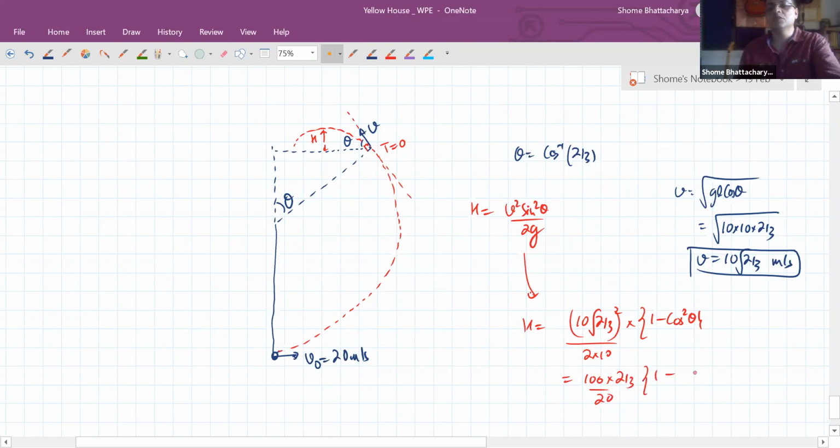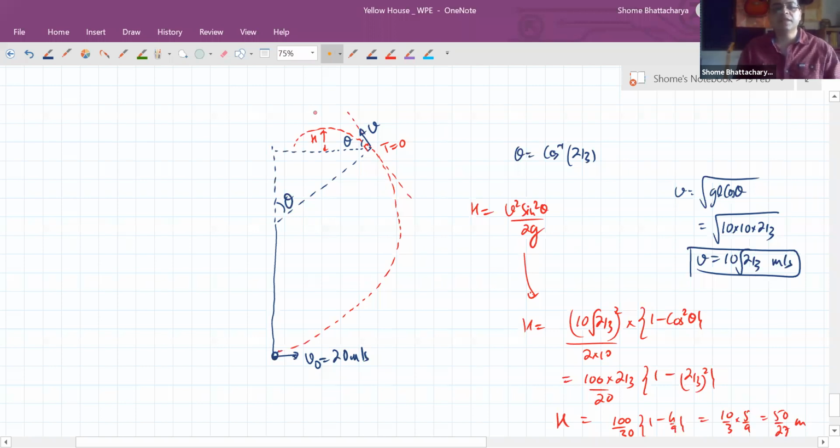Now remember cos theta is 2 by 3. So 100 by 30 into 1 minus 4 by 9, or 10 by 3 into 5 by 9, or 50 by 27 meters. This is the maximum height of the projectile motion.